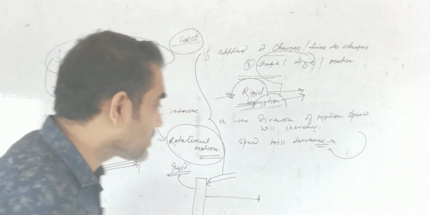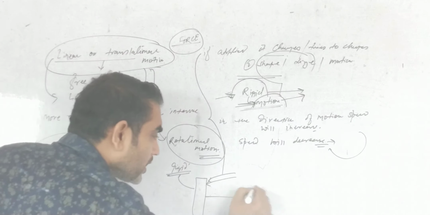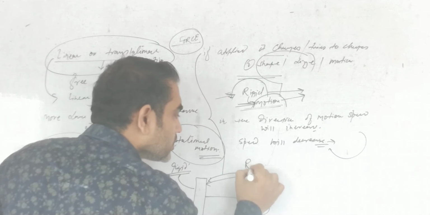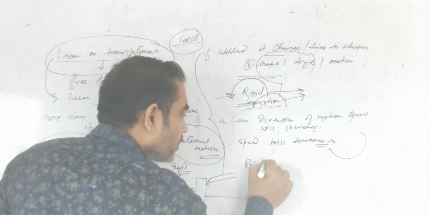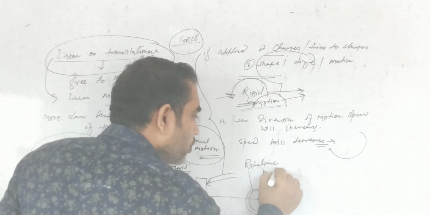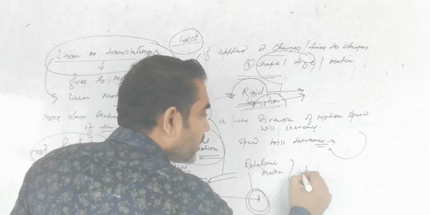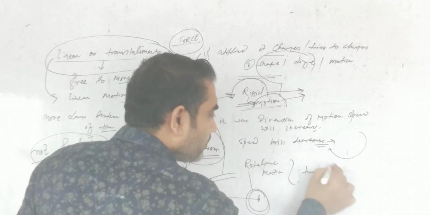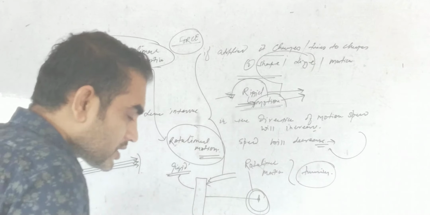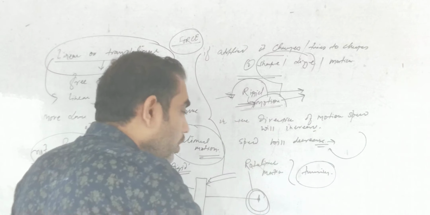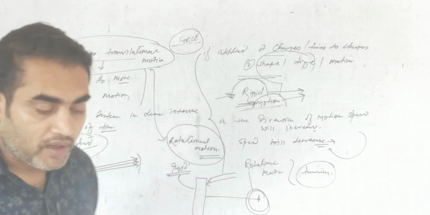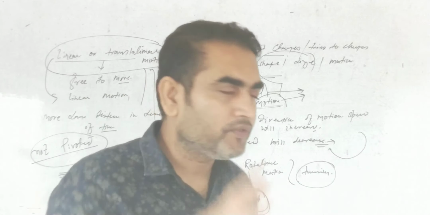It will start moving around this particular point. So rotational motion will be produced, and that is called the turning effect. That means the object is turning, moving about a particular point, and that is said to be the turning effect of the force.